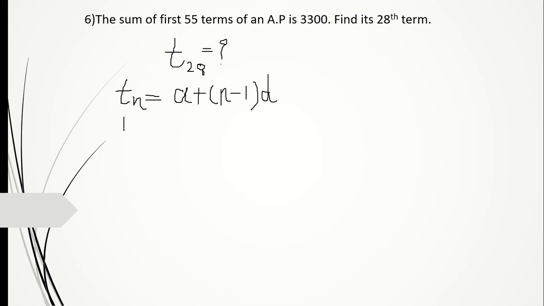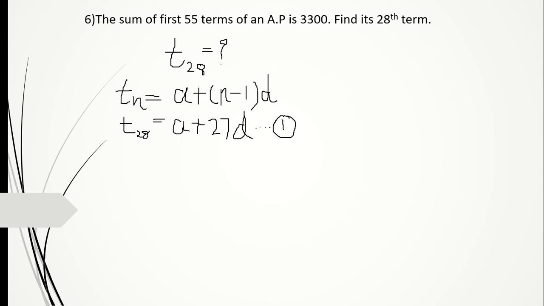So the 28th term is going to be a plus (n minus 1) d. Here, what is a, what is d, the first term and the common difference? Nothing is given. N is 28, so 28 minus 1 is 27. So T28 is a plus 27d. Let's call this equation number 1.